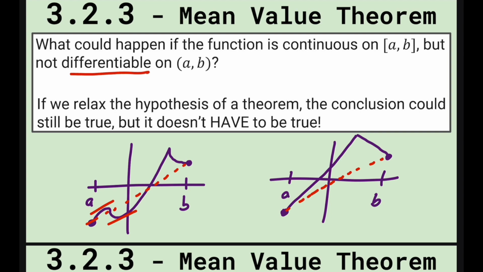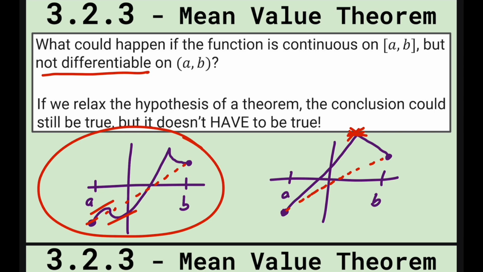It says it's not differentiable on A to B. So you can't just say, oh, there, it's parallel, because it's not actually differentiable at that sharp turn, because the derivative doesn't agree on both sides. You could draw a tangent line anywhere on this for any slope. Since there's not just one, you're just going to say it's not differentiable. So it doesn't always happen if you do it that way. This one does work, it just so happens to work, but it doesn't have to if it's not differentiable.